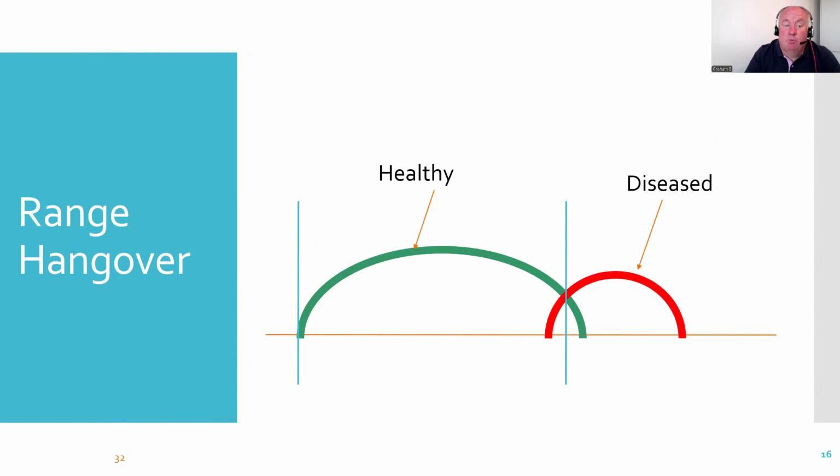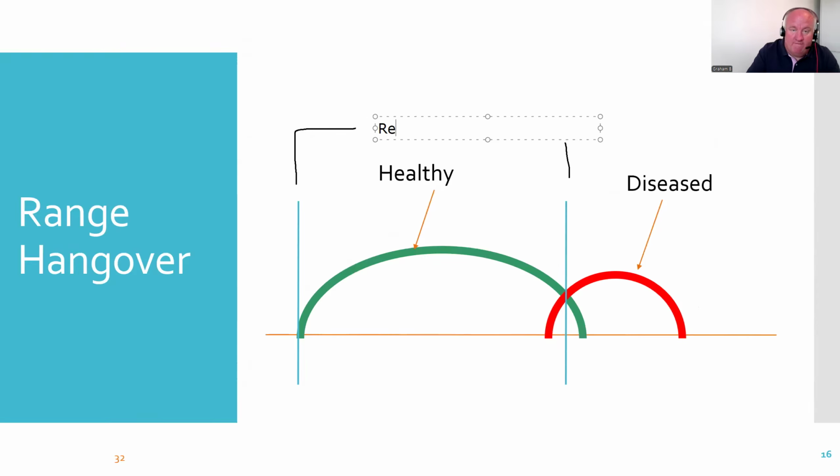So one of the things we'll explore in the training is this idea of a range hangover. So on the screen, you can see this green line here represents health, a healthy patient. The red line represents the unwell patient. These two blue vertical lines represent the reference range that we use in practice.